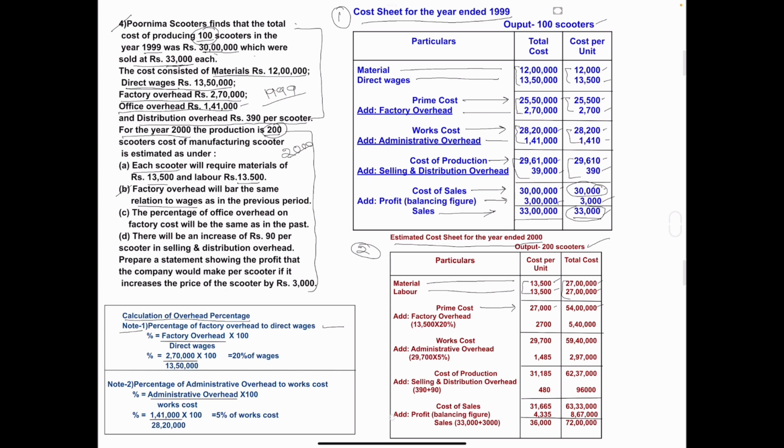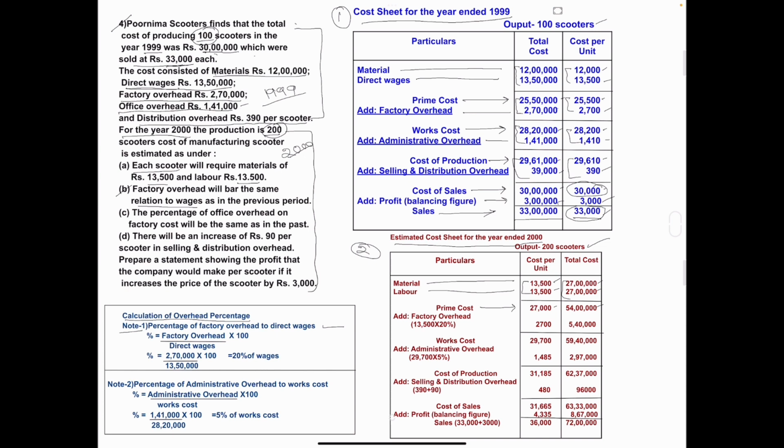Okay, percentage. So factory overhead for the estimated cost sheet for the year 2000, they have not given us the amount of factory overhead, but by taking this formula we have to calculate the percentage of overhead to get the factory overhead amount. So here factory overhead divided by wages they have mentioned here. So factory overhead, from where we will take the amount? From the previous year cost sheet of 1999. So in 1999, factory overhead amount is how much?